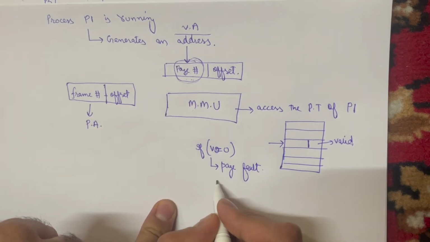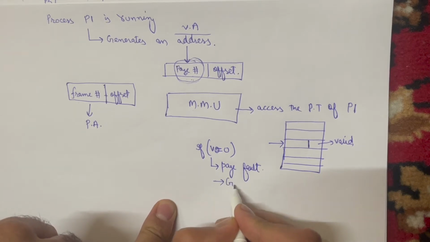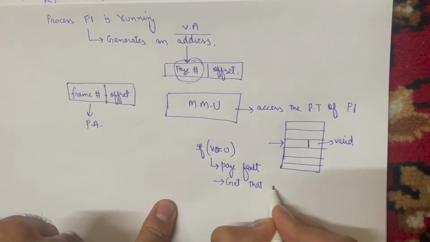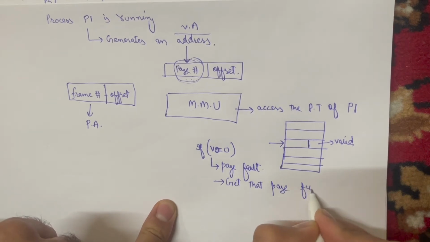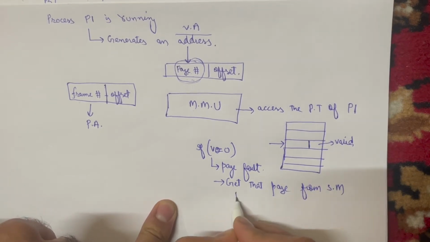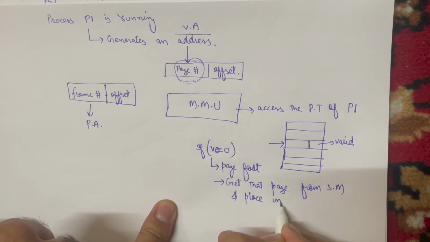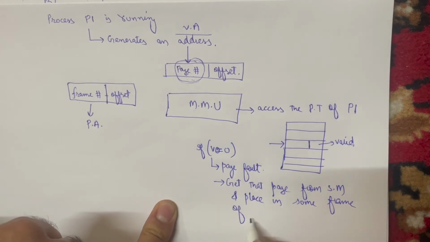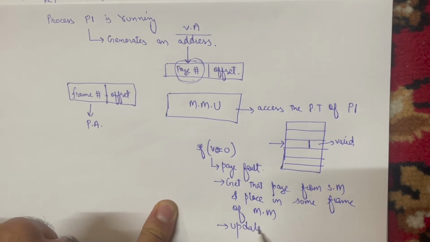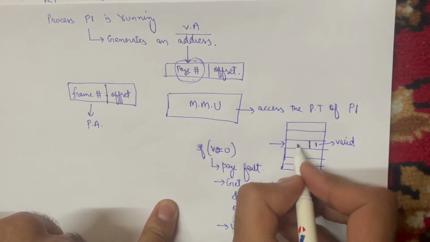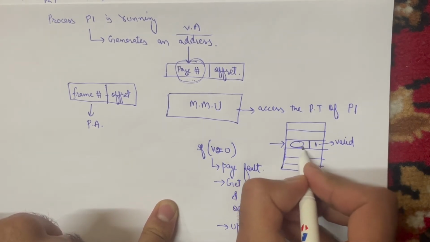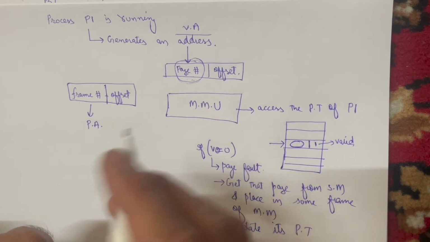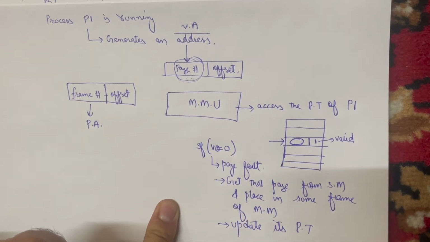So in the page fault case, we have to get that page from secondary memory and place it in some frame of main memory, and also we have to update its page table, because now this valid bit will become 1, and here will come the frame number into which this page is placed. Then we can access this frame number.